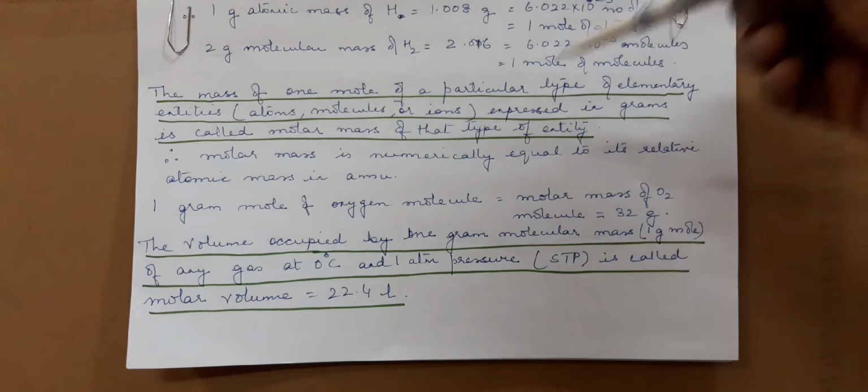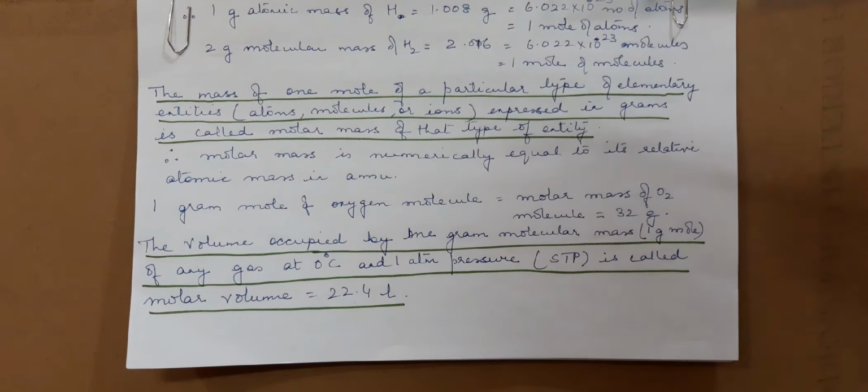The mass of 1 mole of a particular type of elementary entity expressed in grams is called its molar mass. Okay, so mass of 1 mole of atoms, mass of 1 mole of molecules, mass of 1 mole of ions, that is called the molar mass.